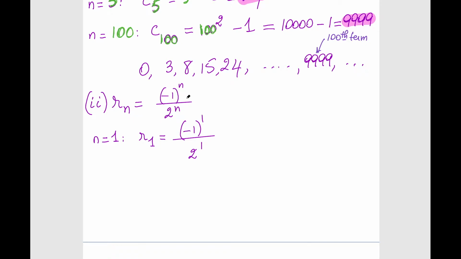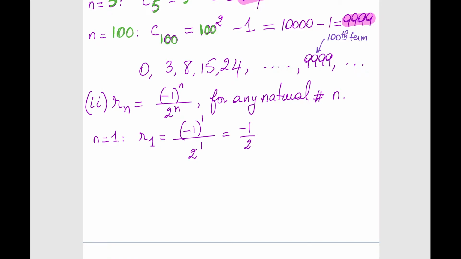This recipe is given for us, the understanding is this is for any natural number n, right? For any natural number n. So it's given for us like this. All right, so I'm going for the first term, which means I'm going when n is 1. When n is 1, this is minus 1 to power 1 divided by 2 to power 1. And what's that? This is minus half.